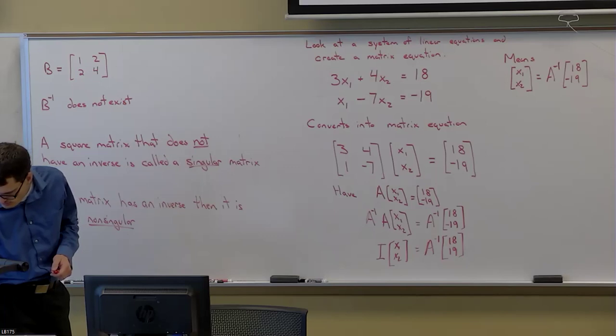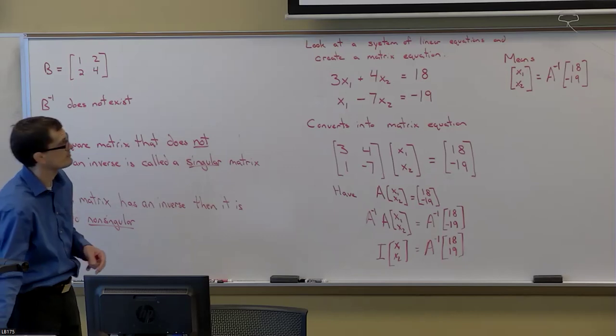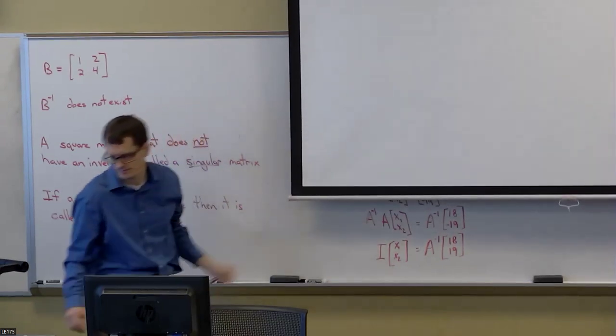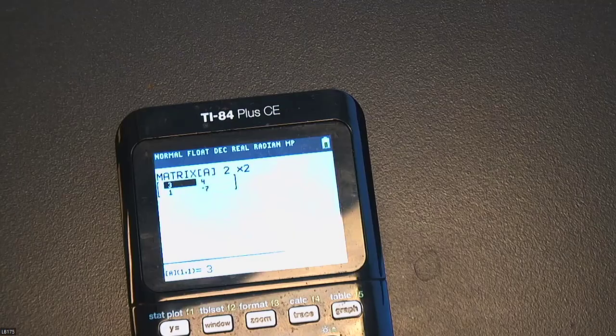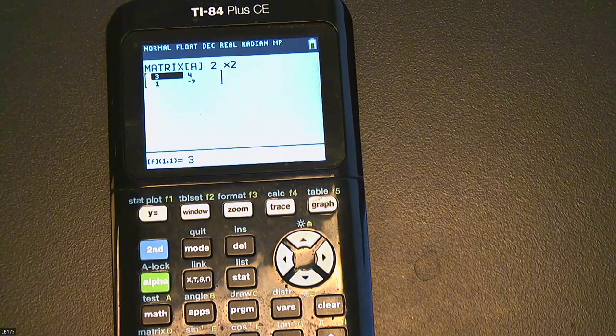Now, I'm gonna write my matrix A into my calculator. 3, 4, 1, -7. Okay, so I plugged matrix A into my calculator.